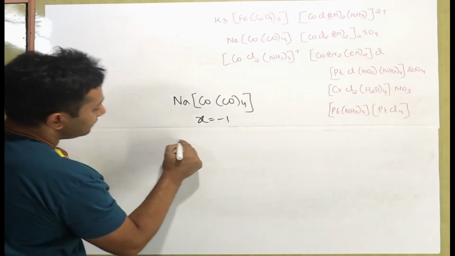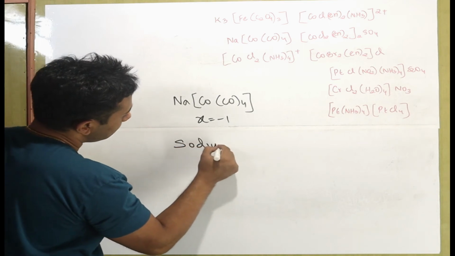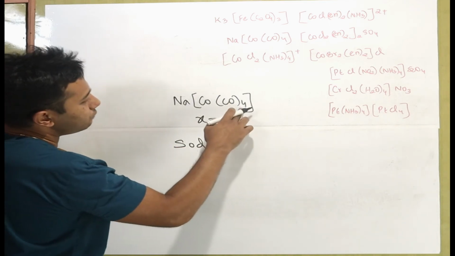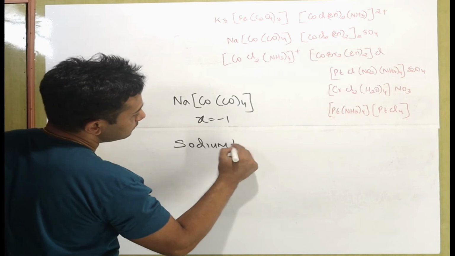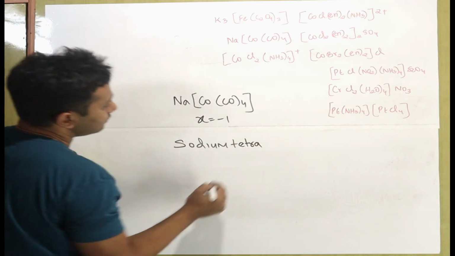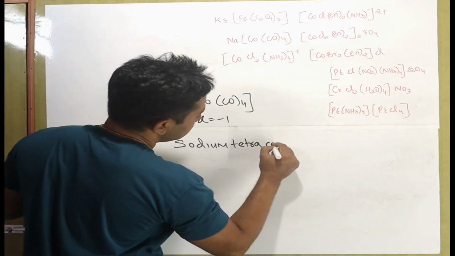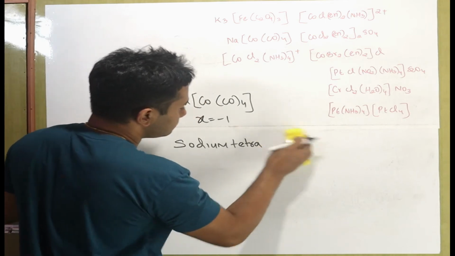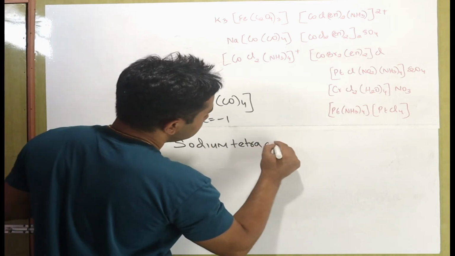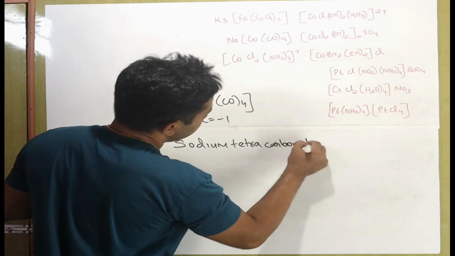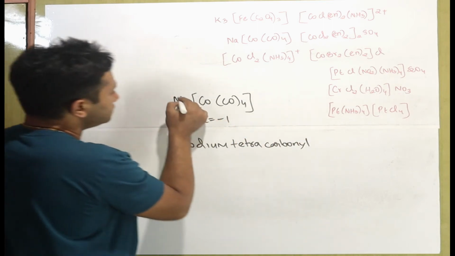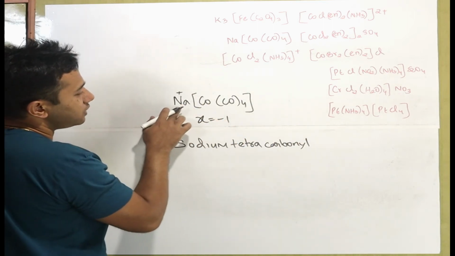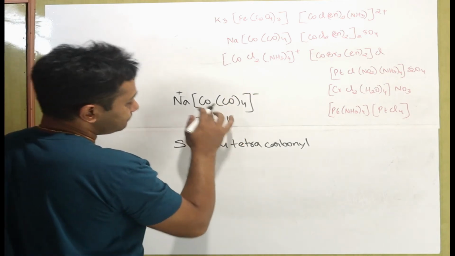So now this is sodium out here, we have sodium, and then 4 out here. So it will be tetracarbonyl. Tetracarbonyl cobalt. Sodium is plus, this is plus 1, so this will be minus.